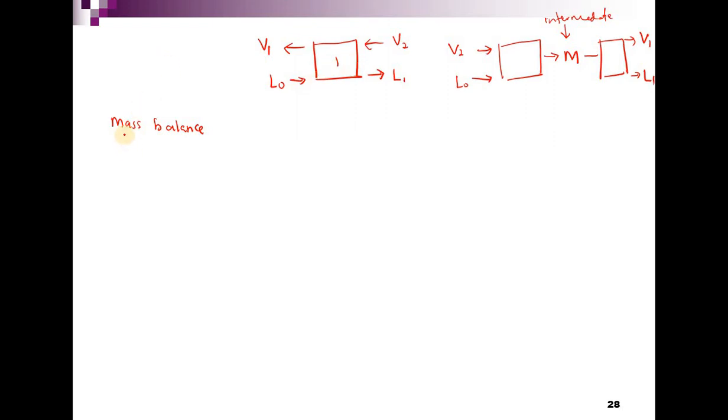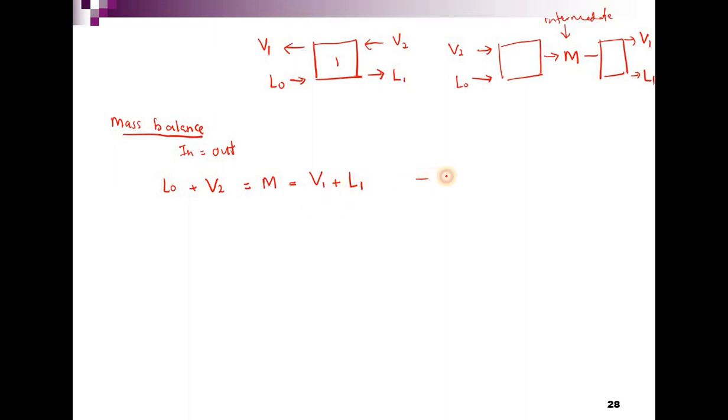In terms of the mass balance, let's construct the overall mass balance first. In is equal to out. In is L node plus V2, which becomes M, and M is also equal to the out, V1 plus L1.